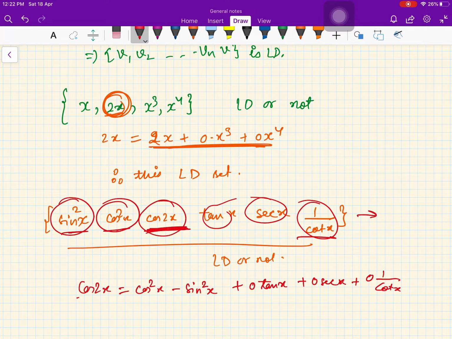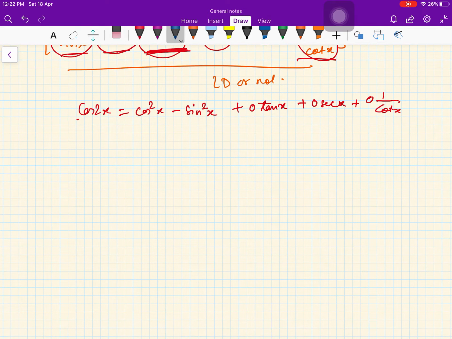So you don't need to take this actually. You see that one of the elements is a linear combination of the rest. Therefore, this is linearly dependent. So these results will help you to tackle many problems. Okay, so let us do one more result.